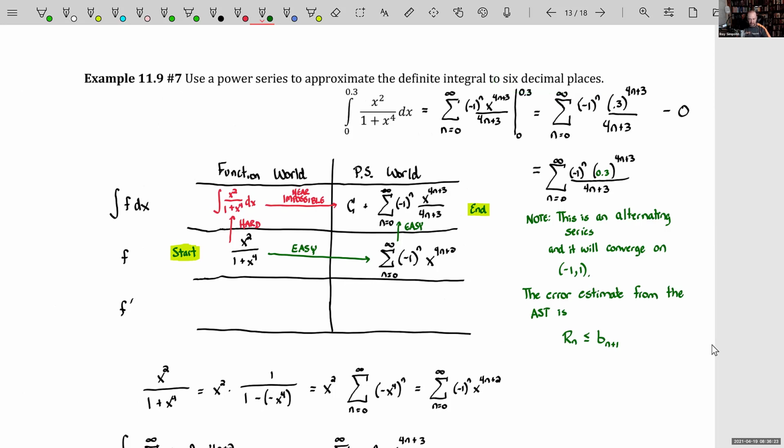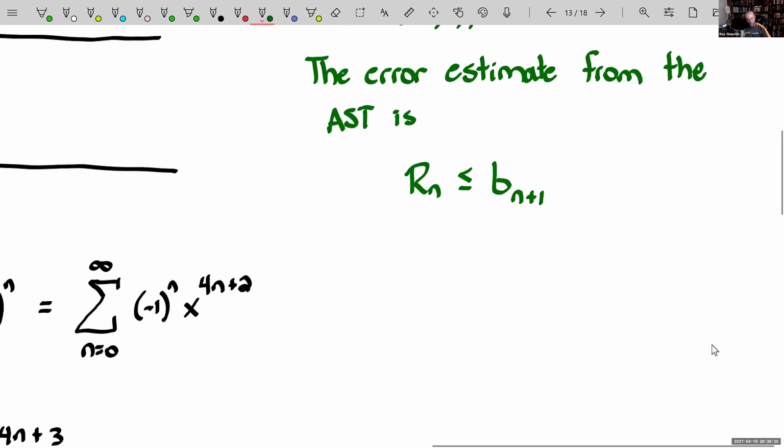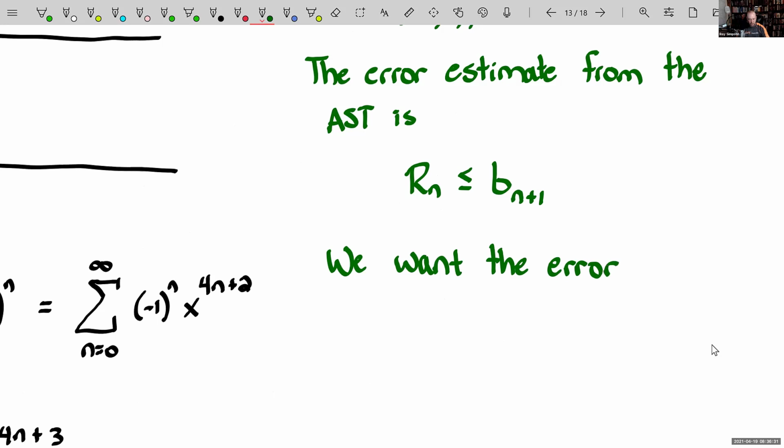Let me say that again. We want the error, which I'll point at right here, the error is bounded by b sub n plus 1. We want the error to be less than.